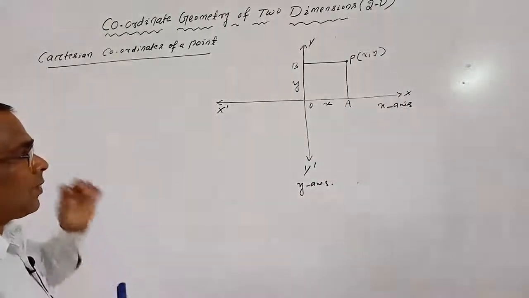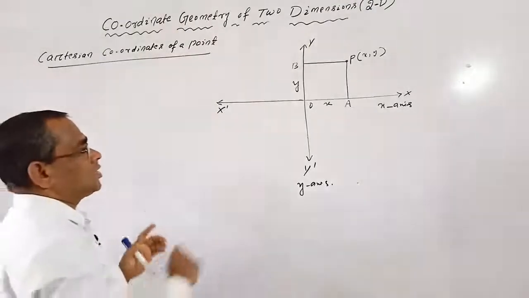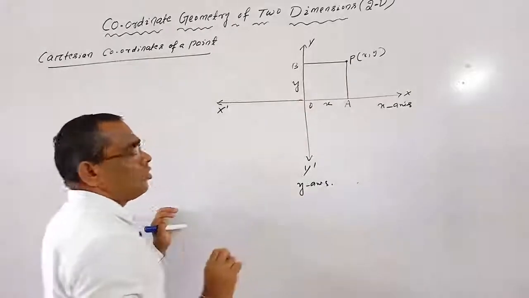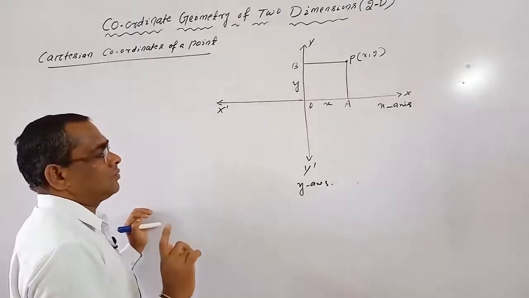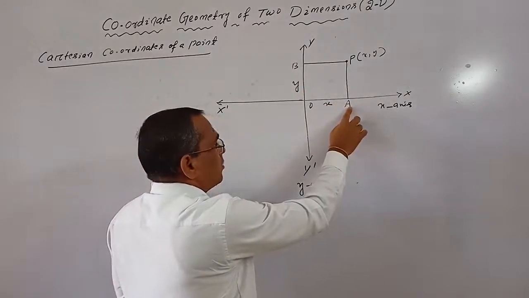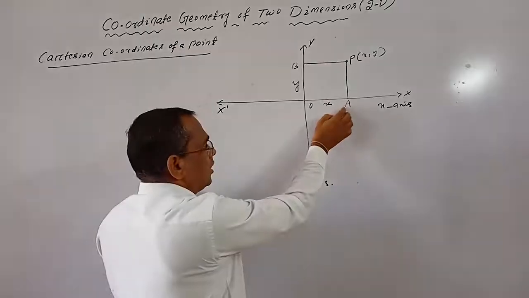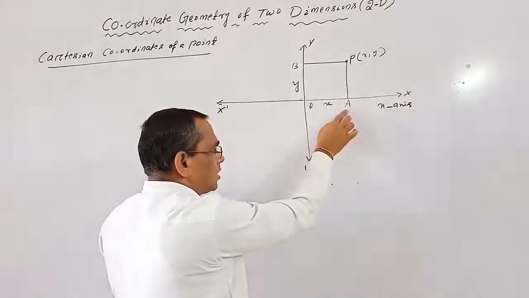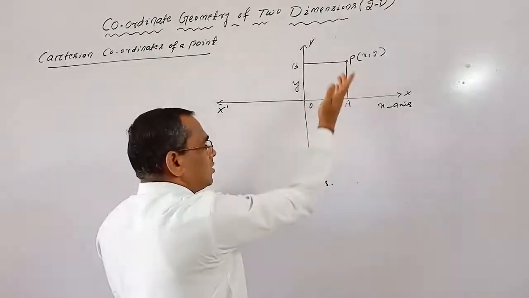Okay, so here the coordinate of the point P is x comma y, where x is called x coordinate or abscissa, y is called y coordinate or ordinate. And the coordinate of the point A is x comma 0 because A is at x distance in the direction of x-axis, but in the direction of y-axis it will be 0.